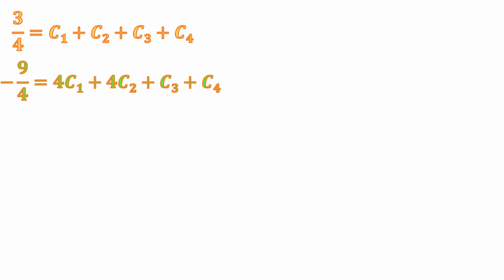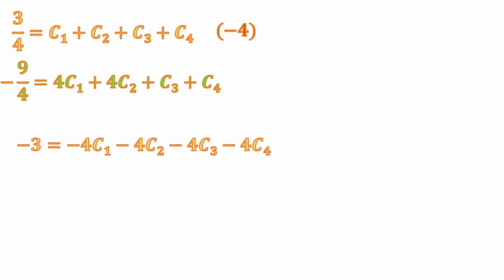So I multiply the 1 on top by negative 4. And so negative 4 will be distributed. So negative 4 times 3 fourths will be negative 3. And c1 times negative 4 is negative 4 c1, and so on up to negative 4 c4.